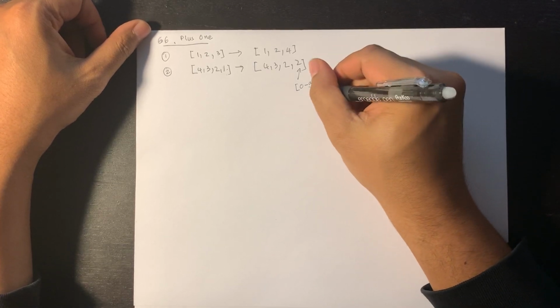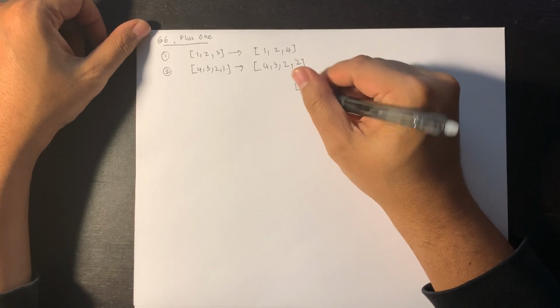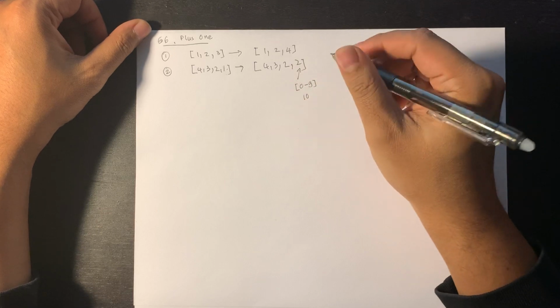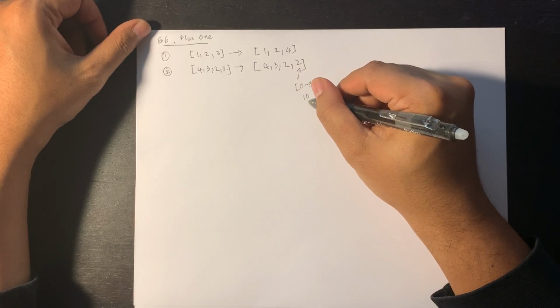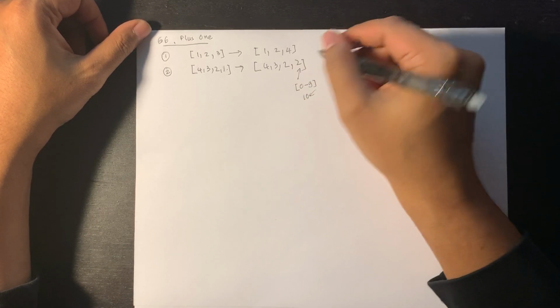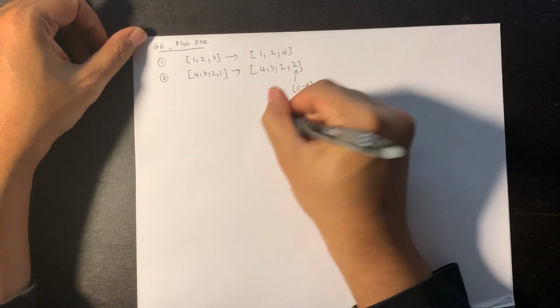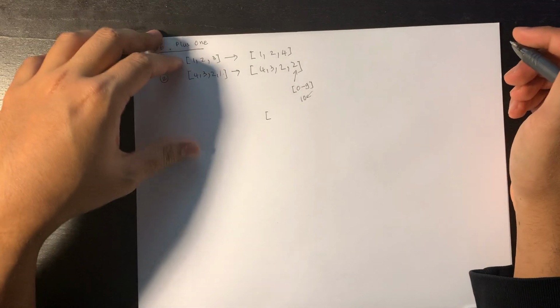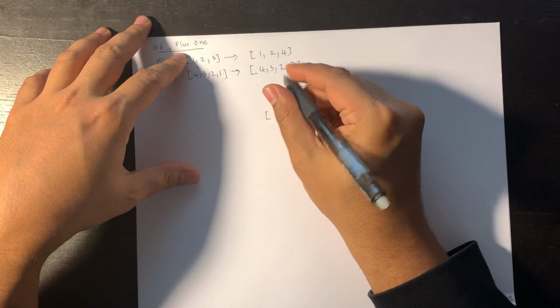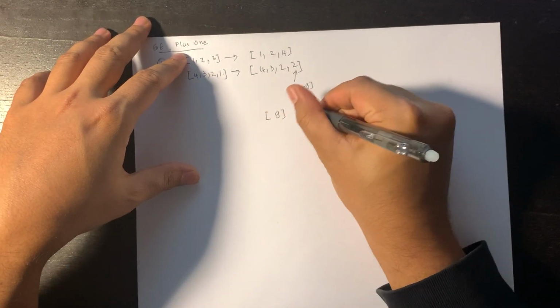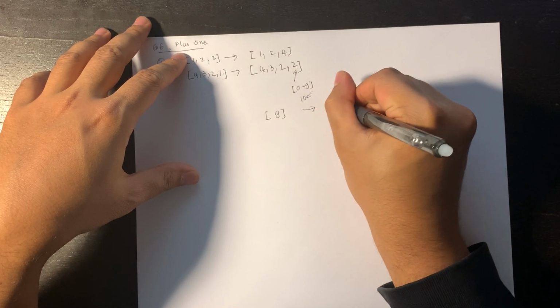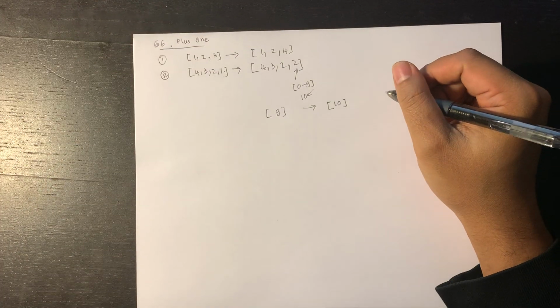And if it goes over 9, for example if it was 10, we want to replace this with 0. Let's start with something simple. Let's say that we have 9. We want to return 10. So how would I do that?